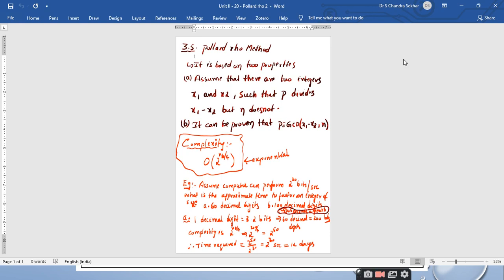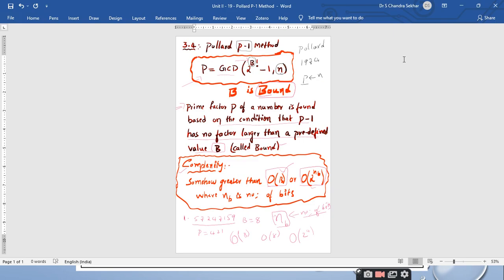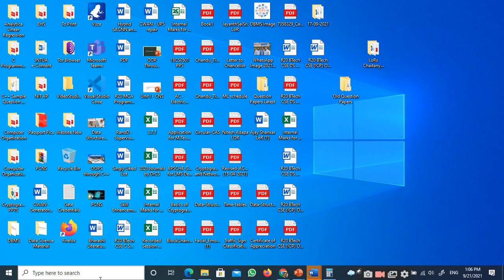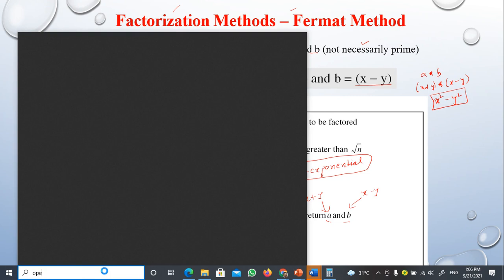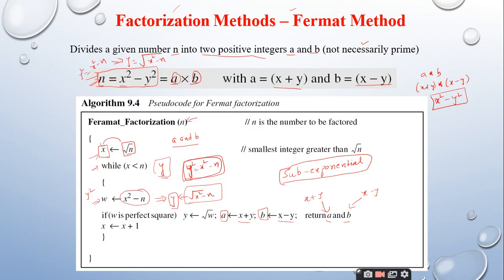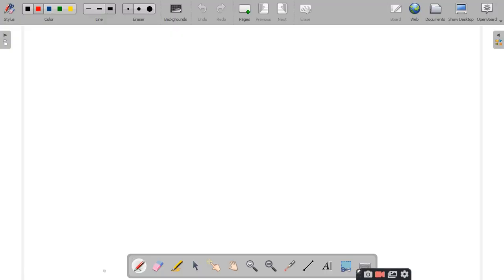Let us take the open board here. Let us take a simple example from the prescribed textbook. Let us assume that there is a computer which can operate at a speed of 2 power 30 bits per second.